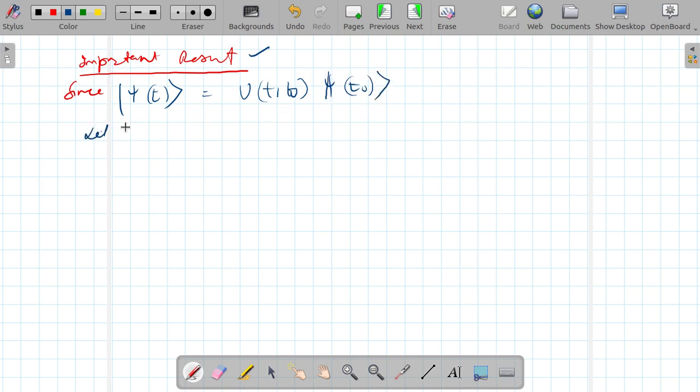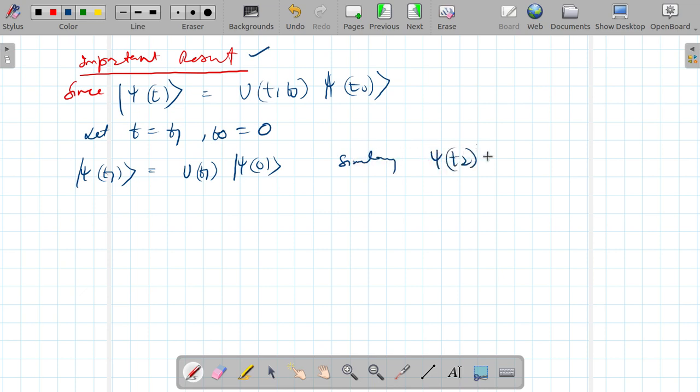Let t is equal to t1 and t0 is equal to 0, then I can write psi(t1) as U(t1) psi(0), and similarly for another time t2, psi(t2) must be equal to U(t2) psi(0).